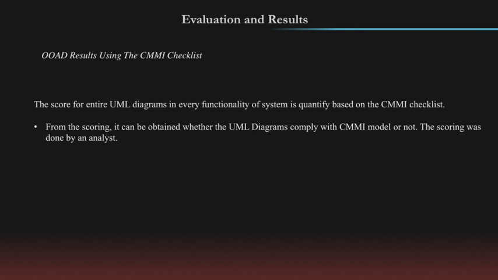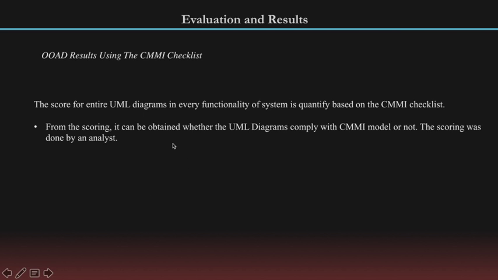So evaluation and results. Object-oriented analysis and design results using the CMMI checklist. The score for the entire UML diagram in every functional of the system is quantified based on the CMMI checklist. If you go through the paper, you're gonna see use case diagram, class diagram, and activity diagram.